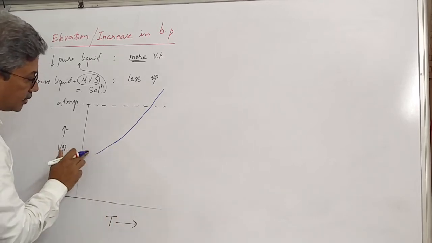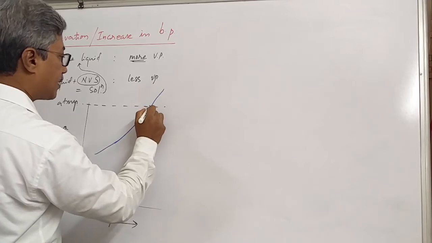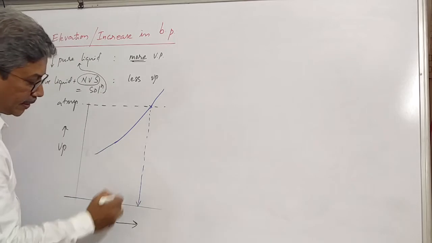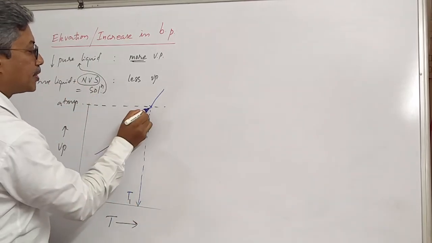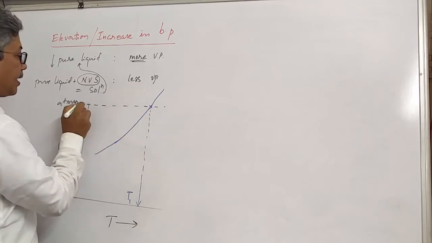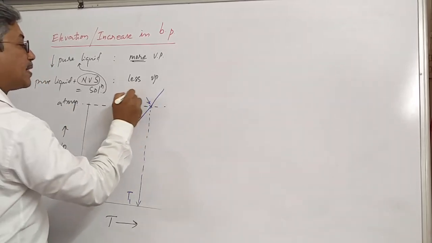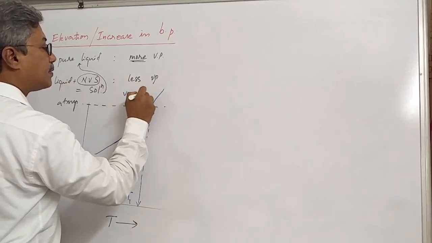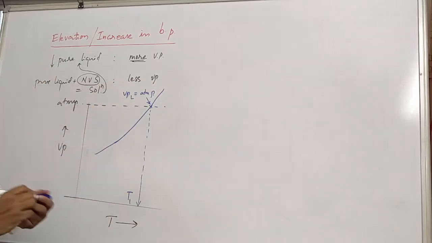As temperature increases, vapor pressure will also increase, and at this particular temperature, say T1, what we notice is vapor pressure of liquid and atmospheric pressure both will become equal. Clear, students?